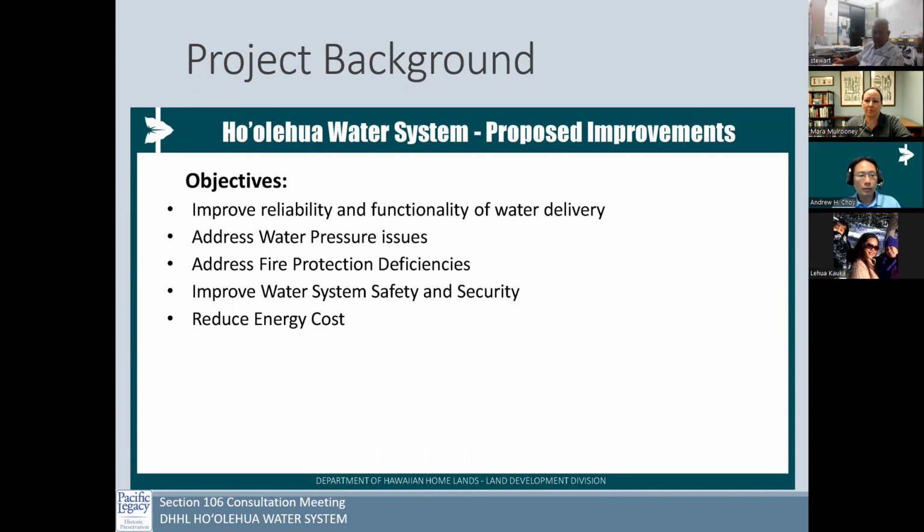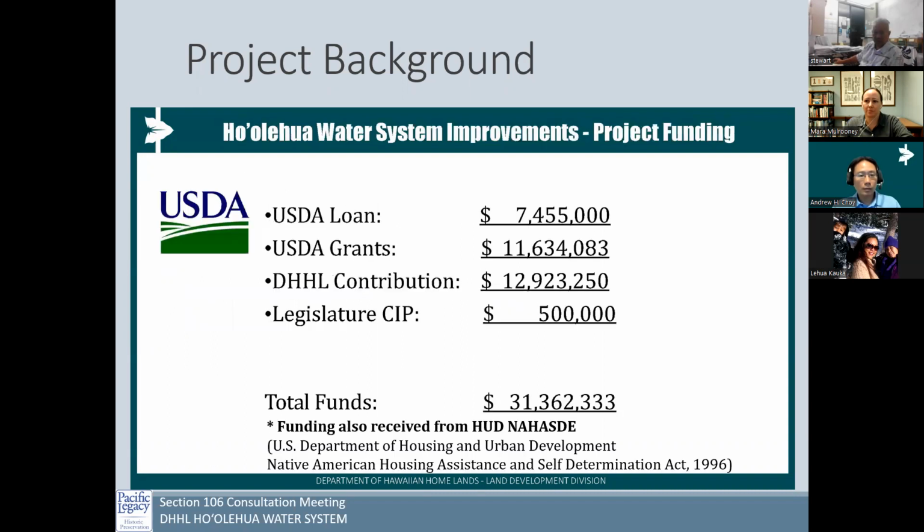So the project is roughly $32 million, and it's divided into these funding sources. So DHHL has had to use our trust funds and some CIP funds to encumber the contract, and then we are approaching the reimbursement through the USDA grant.